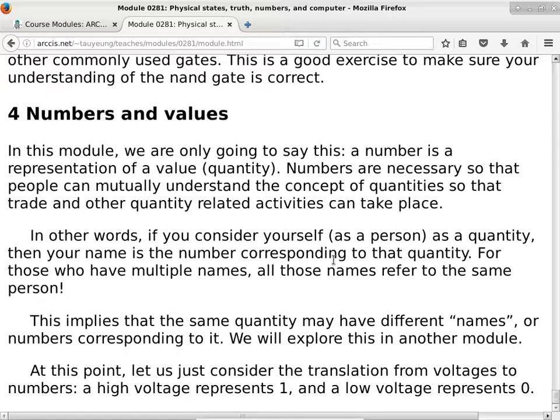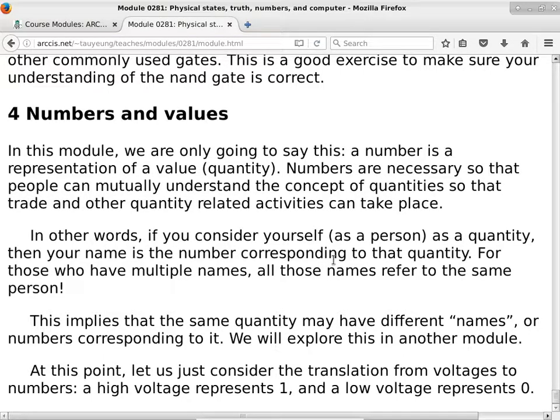So other than 4, which is the word for this particular quantity, does anyone speak any other language in this class? Okay, many of you. So what is this quantity in Spanish? Cuatro. Okay. What about Russian? Okay. Japanese? Okay.